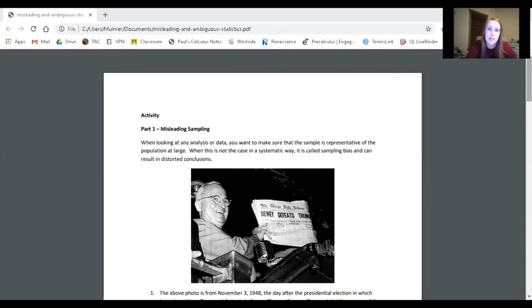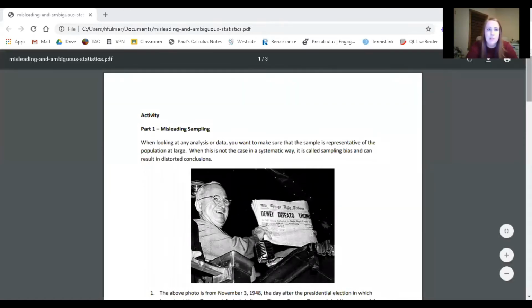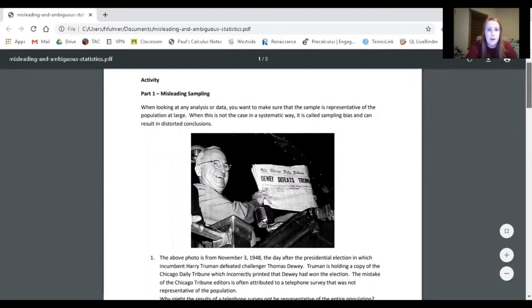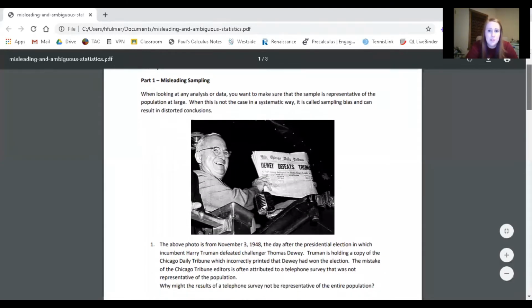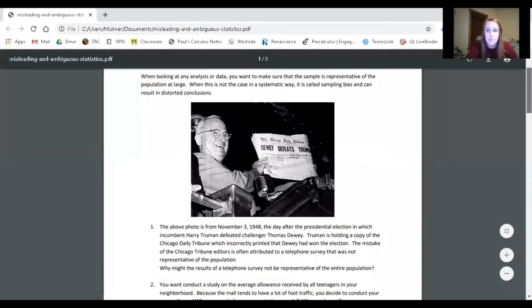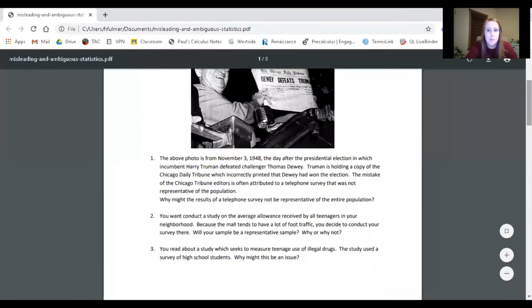It should come up like this. You don't have to worry about printing this out or anything. If you can view it online, that's fine. If you have a way to print it and you want to do that, that's fine too. But you guys are just going to read through these questions. All of them have explanations as to what you're supposed to do. I just wanted to talk through it with you just in case.